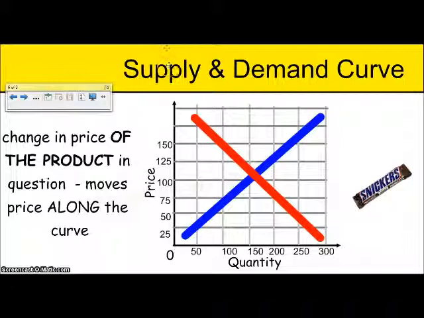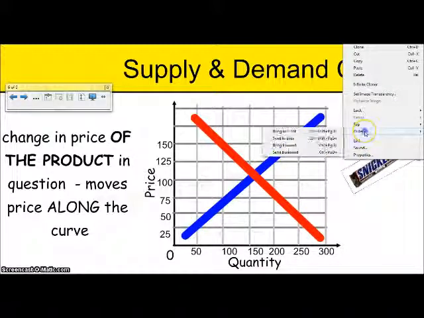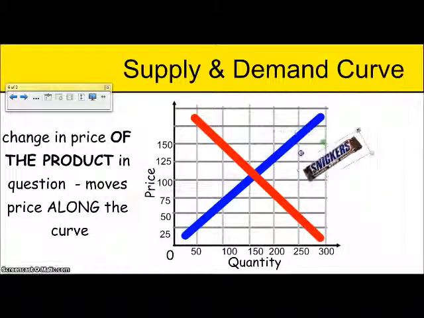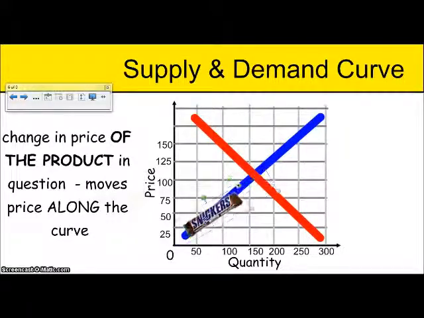Just like on our individual supply and demand curves, when we have the supply and demand curves combined, if there's a change in price of the product in question, we're still going to shift along these lines. That's not going to change. Okay? So you've got to make sure that you're still running along the line if the price is changing. Okay?